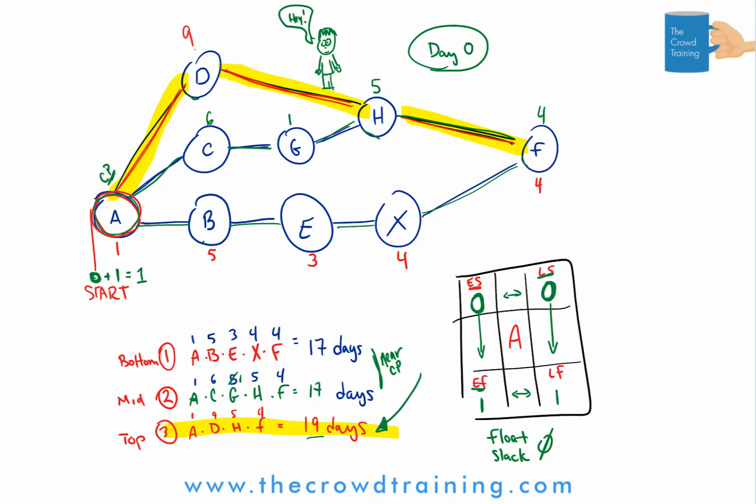Hence, there is no flexibility in our early and late starts and early and late finishes because they are just fixed. And then going up and down is just purely our duration estimates for, in this case, activity A, which we thought would take 1 day. And so 0 plus 1, 0 plus 1.